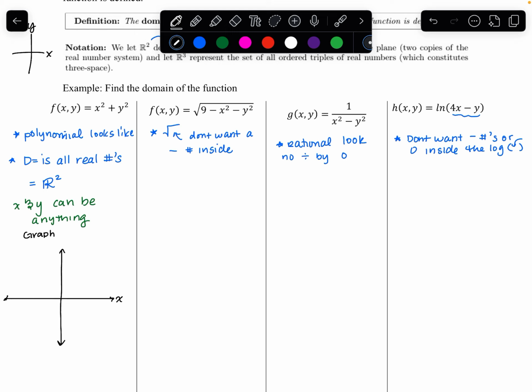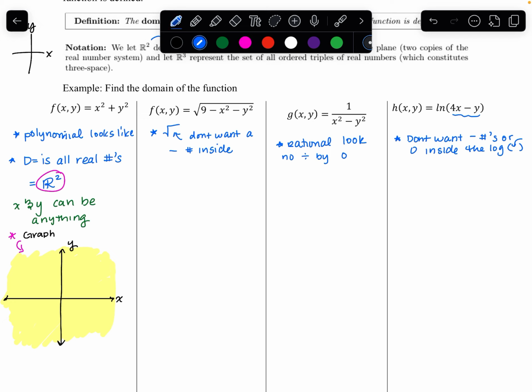It is going to require some shading, so I'm going to bust out my highlighter because the domain is this entire plane. So we're going to highlight everything that works, right? And so the relationship in terms of the domain that we have is R2 and the graph down here. Those are going to be our solutions.